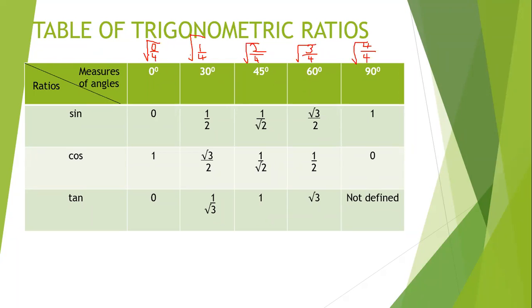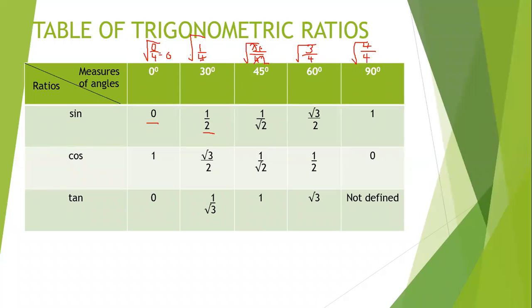Now 0 upon 4, you will get the answer 0, and the square root of 0 is 0. So the first column is 0. Now here 1. The square root of 1 is 1. The square root of 4 is 2. So we got this as 1 upon 2. The next one, this we will cancel: 2 ones are 2, 2 twos are 4.